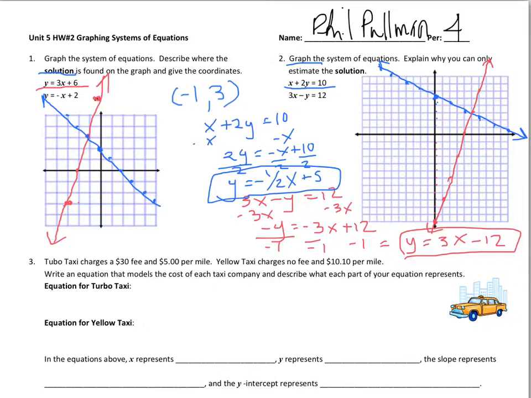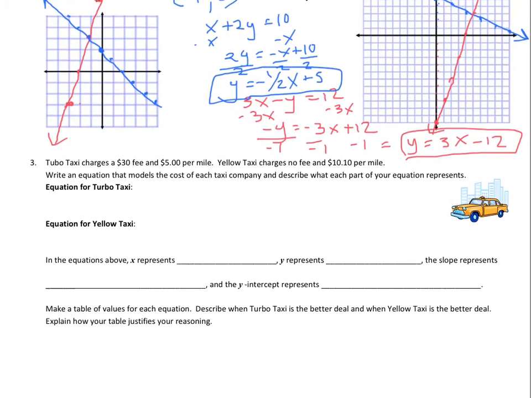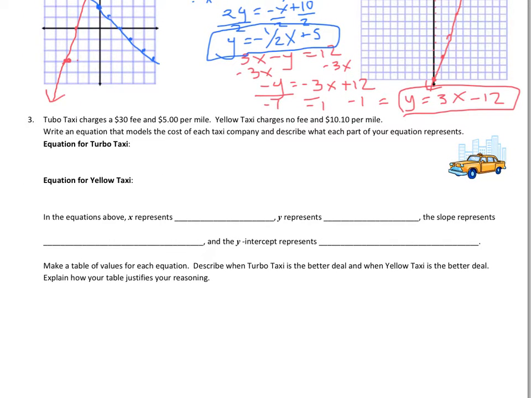I'd say it's about 4.8 for x. And y, it's not quite 3. I'd say it's about 2.8. Something like that. Write your answers down and explain that you only have to estimate because you don't know the exact intersection.